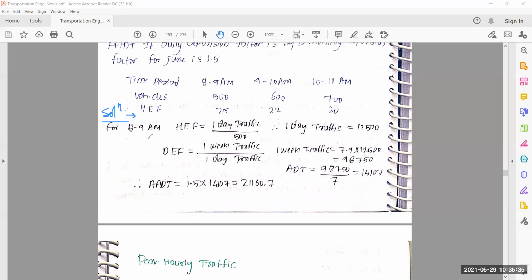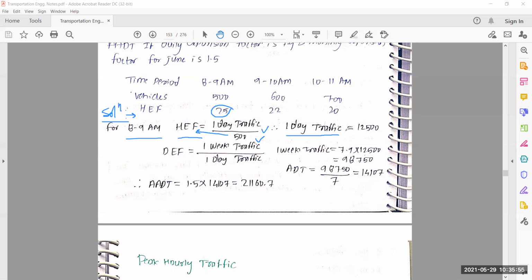Solution. For 8 to 9 a.m., we find the hourly expansion factor. Hourly expansion factor is equal to 1 day traffic divided by 500. By cross multiplication, we find the hourly expansion factor is equal to 25.